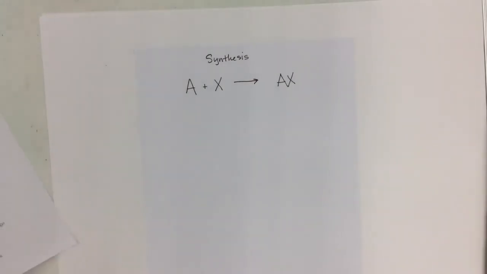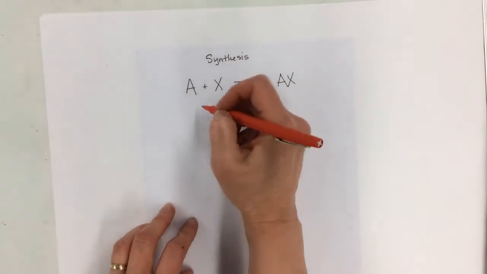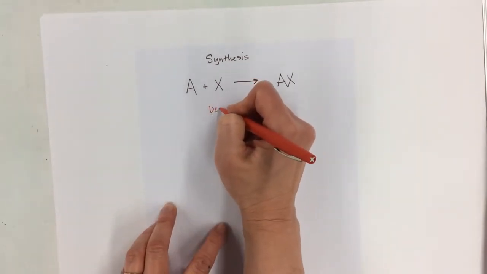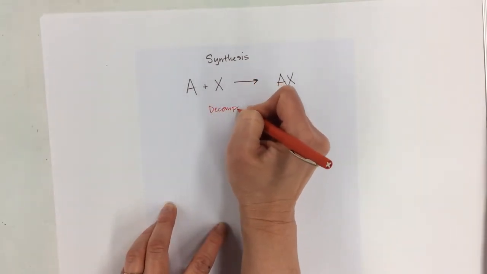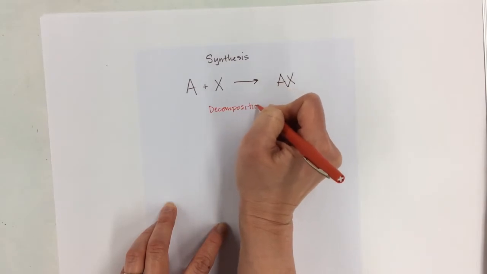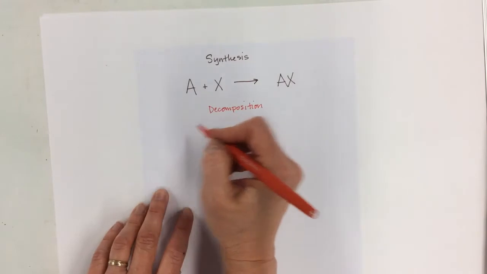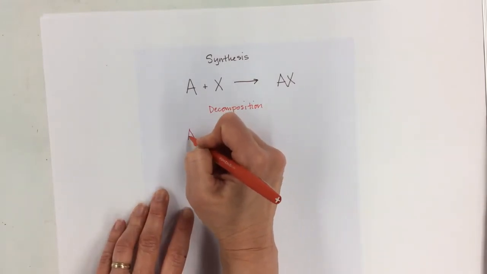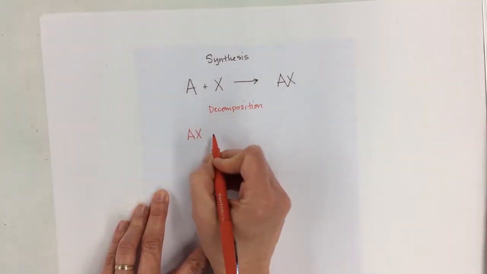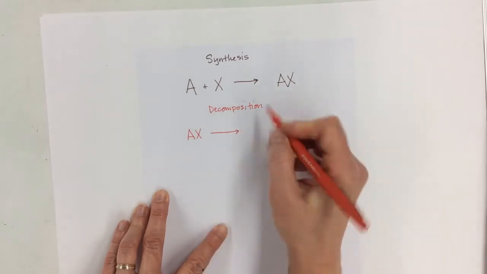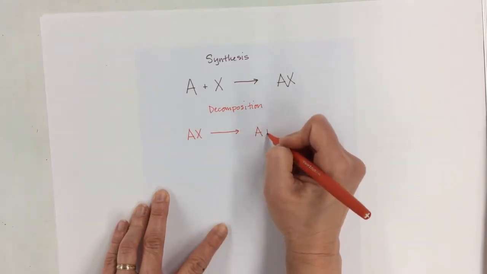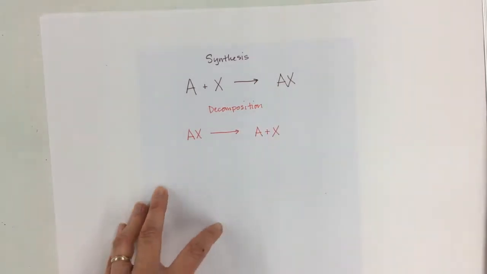So a decomposition reaction is going to be exactly the opposite. In a decomposition reaction, we have one substance breaking down into its component pieces, two or more.